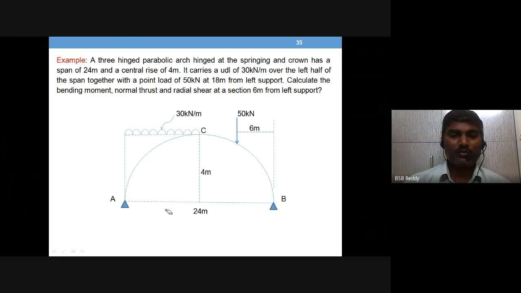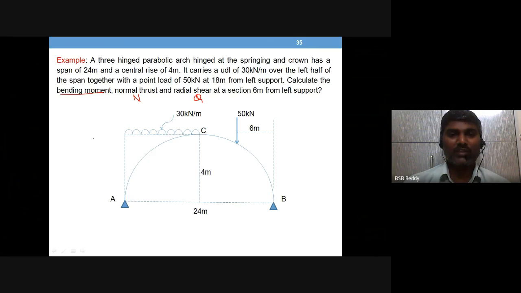At 6 meters from left support, we want bending moment, normal thrust, and radial shear. So this is what we want. Let us see how we proceed with the solution.